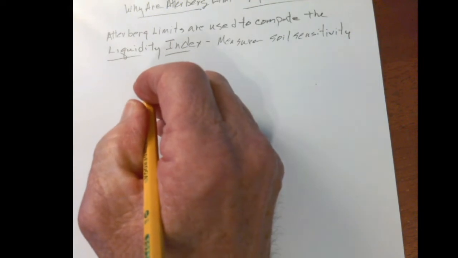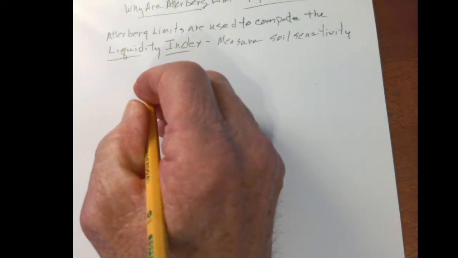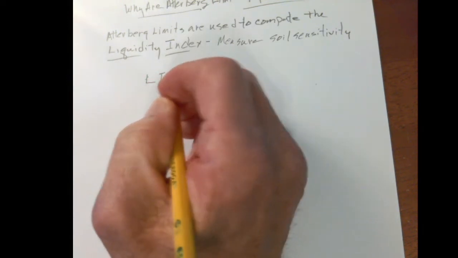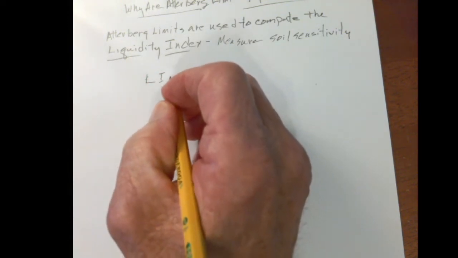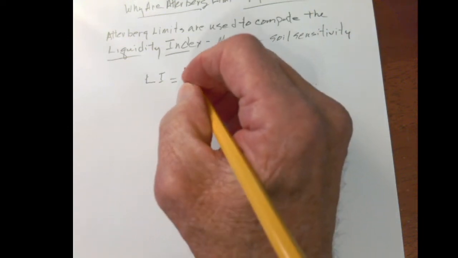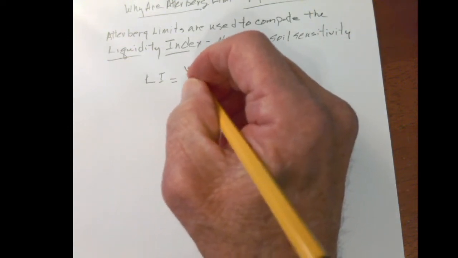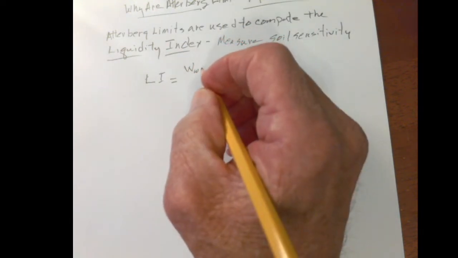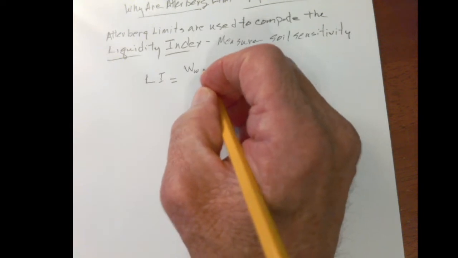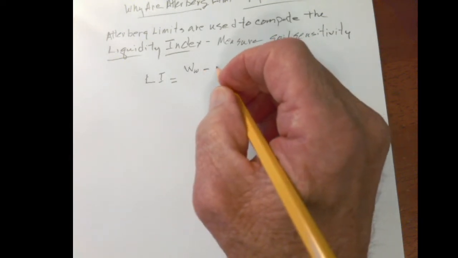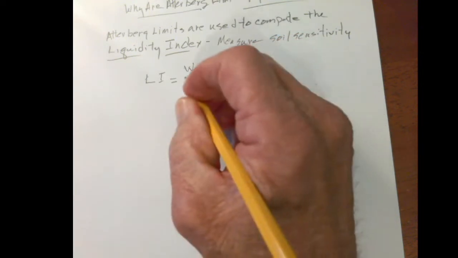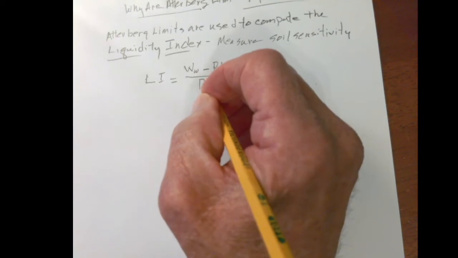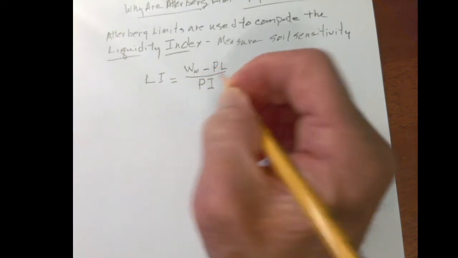The liquidity index, LI, equals the moisture content, put a little w there, minus the plastic limit, divided by the plasticity index.